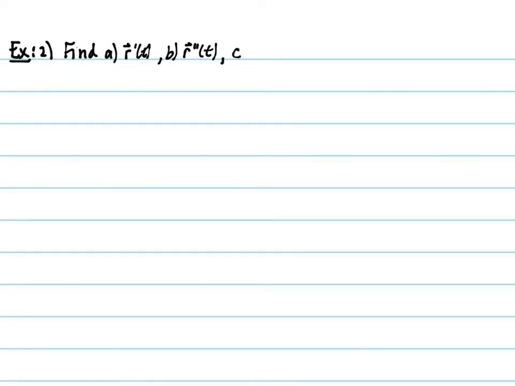Again, that's because it's exactly what you would expect it to be. For c, we're going to take the dot product of those quantities, so r prime of t dot r double prime of t. And then finally, we're going to take the cross product of those, so r prime of t cross r double prime of t.